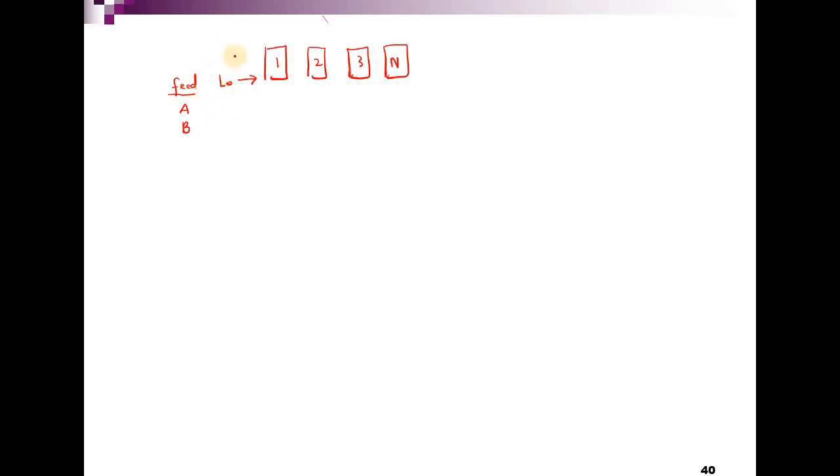And we have a solvent here. The solvent stream we put as B n plus 1. N plus 1 means it is a fresh solvent stream.